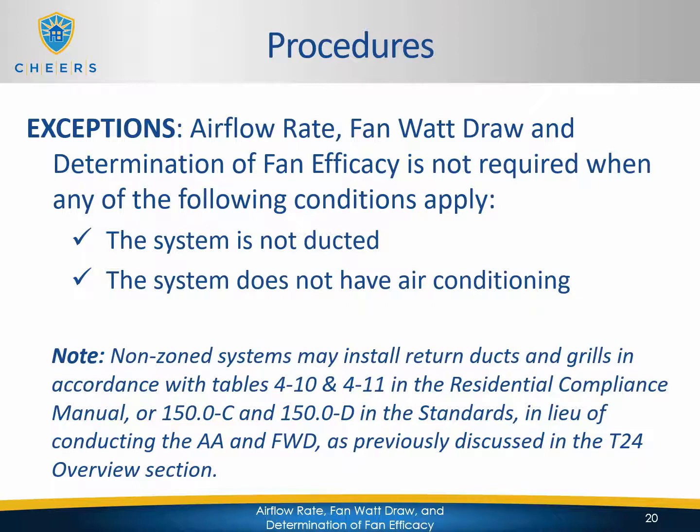Either the system is not ducted or the system does not have air conditioning. And keep in mind that non-zone systems may install return ducts and grills in accordance with Table 4-10 and 4-11 in the Residential Compliance Manual, or 150.0C and 150.0D in the standards, in lieu of conducting the adequate airflow and fan watt draw test, as previously discussed in the Title 24 overview section.